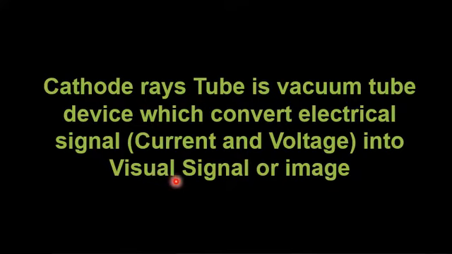In simple words, dear student, when an electrical potential is applied across the cathode ray tube, the electrical signal, which is based on electrons, current and voltage, is converted by the device into a visual image or visual signal.